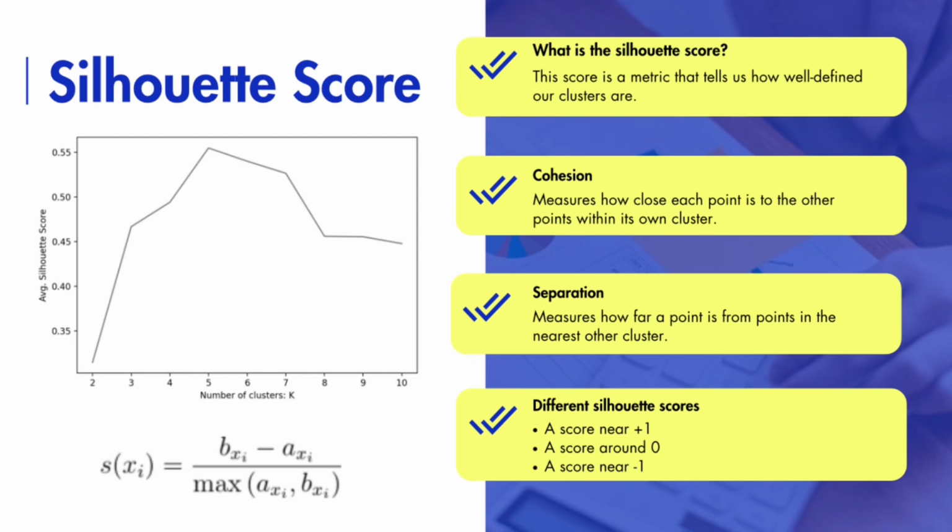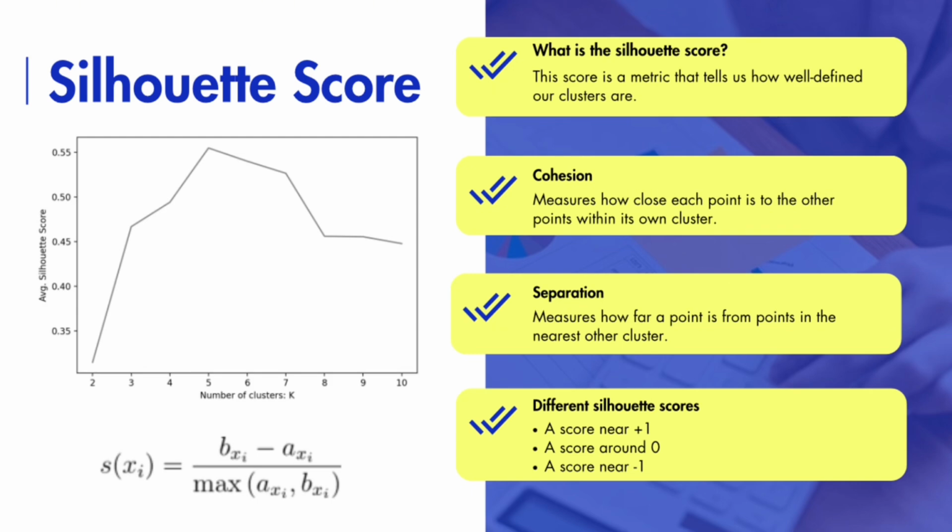A positive silhouette score close to 1 suggests well-defined clusters with points that are clearly associated with their own cluster and separated from others. A score close to 0 indicates that points lie close to the decision boundary between clusters, while a negative score close to -1 suggests that points might actually belong to the wrong cluster.